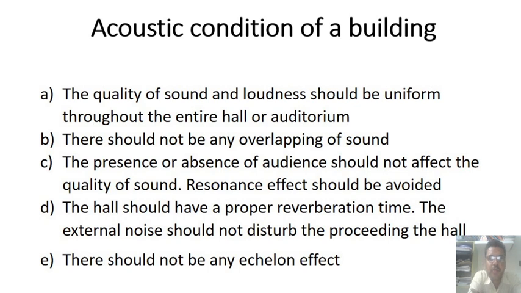The quality of sound and loudness should be uniform throughout the entire hall or auditorium. When the loudness of the sound is uniform, it will be distributed in the entire hall or auditorium. It avoids the echo from the absorption coefficients. There should not be an overlapping of sound.